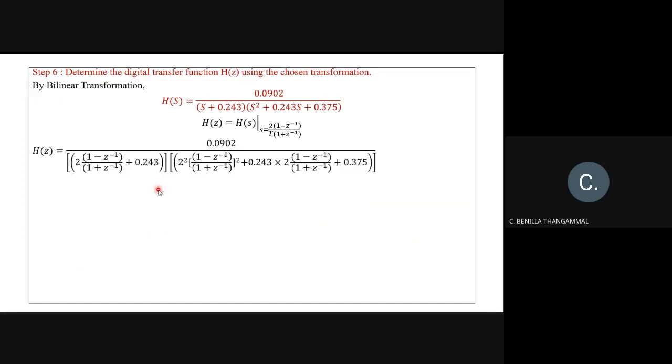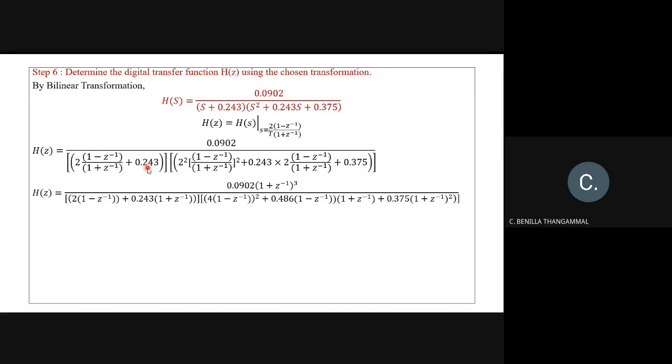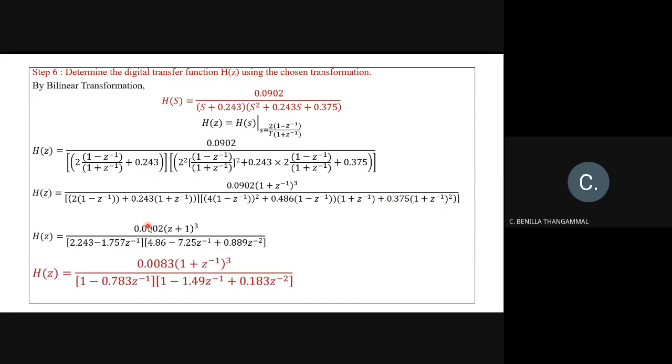Step 6 is to determine your digital transfer function H of z using the bilinear transformation. So replace your s by 2 by T into (1 minus z inverse) divided by (1 plus z inverse) in your H of s. You'll be getting your H of z. Now solve this expression. Take LCM for the denominator, and then the denominator will be numerator. Take the value of H of z.